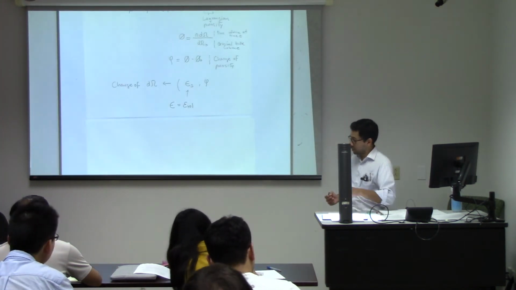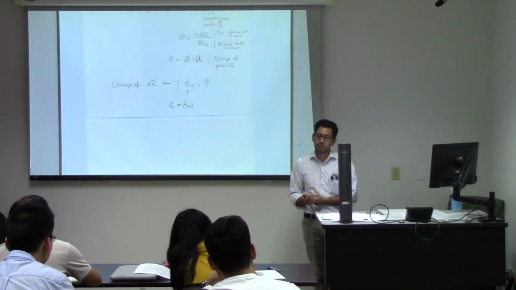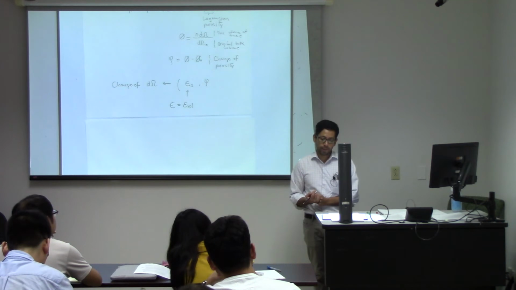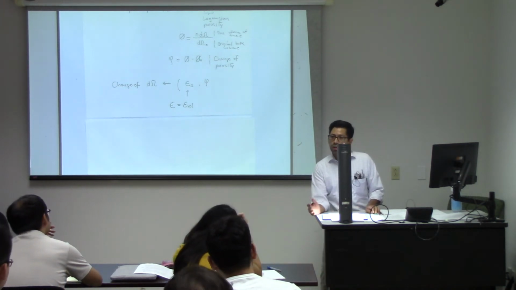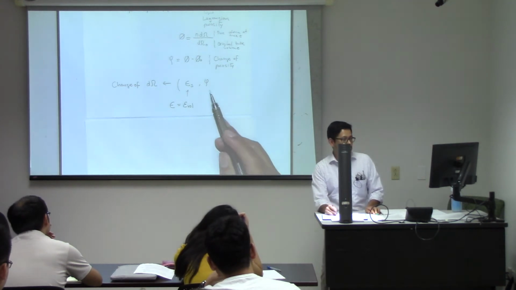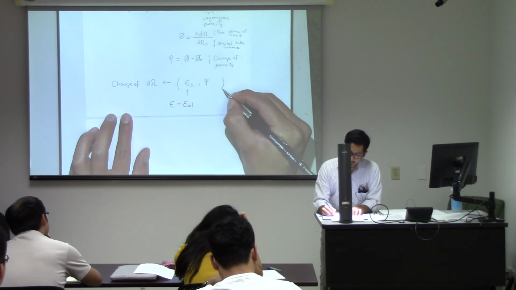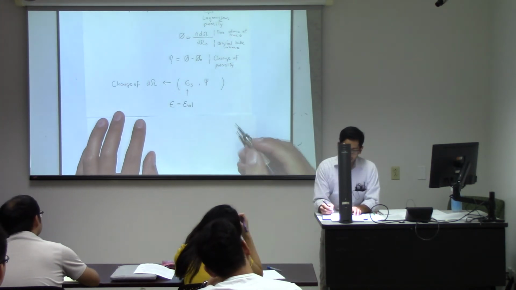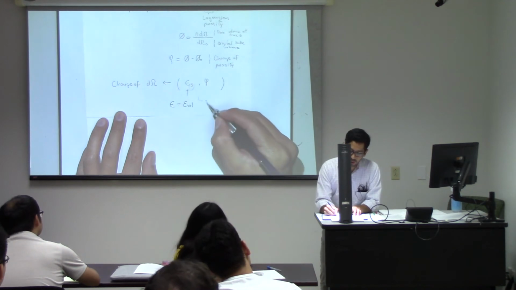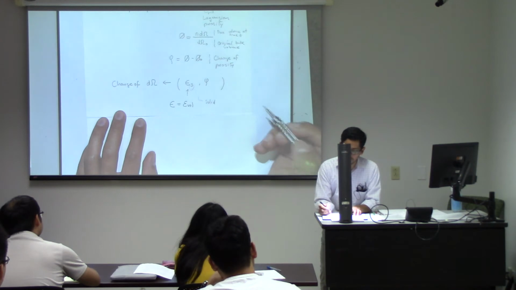Porosity or change of porosity by itself is not a strain, right? It's just a change of porosity. But if I wanted to convert this into a strain, what would you do? What is the definition of a strain? Okay, so what would you divide this change of porosity by?